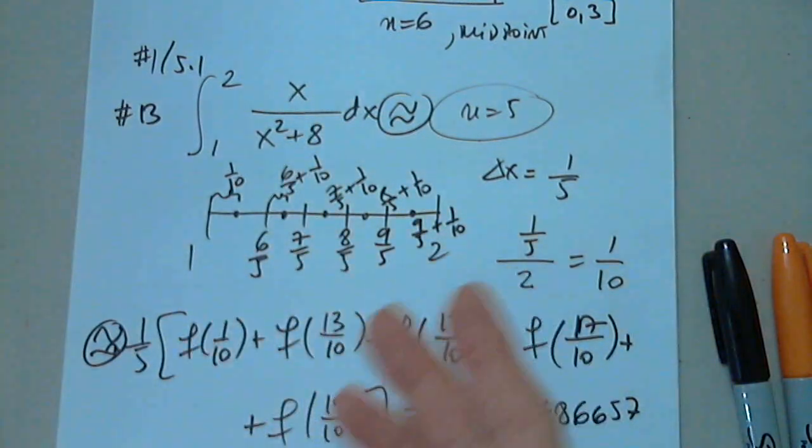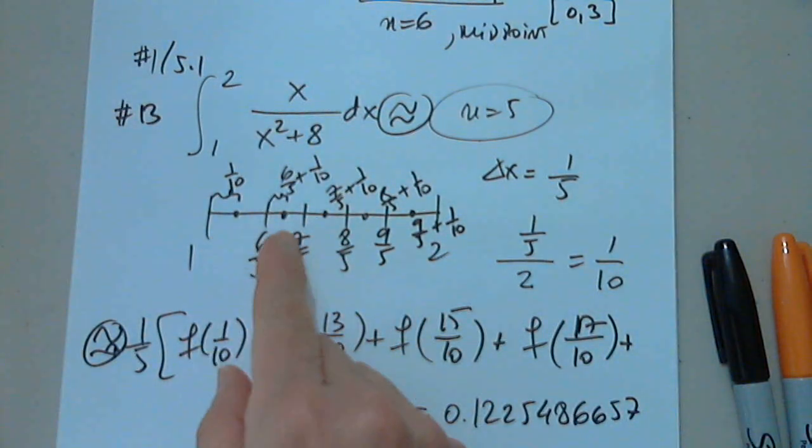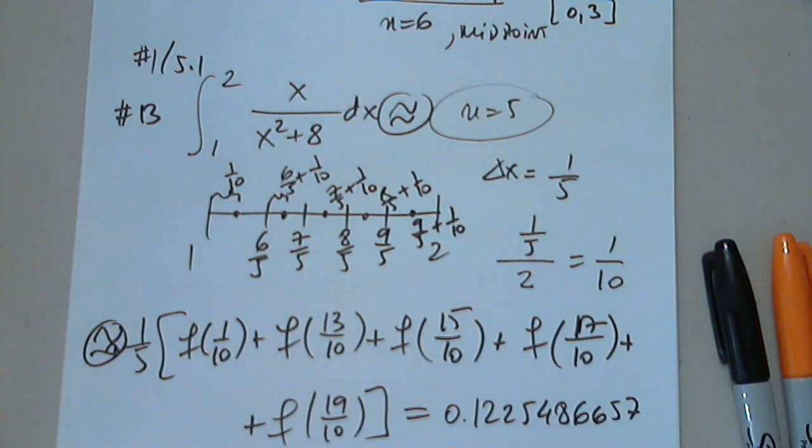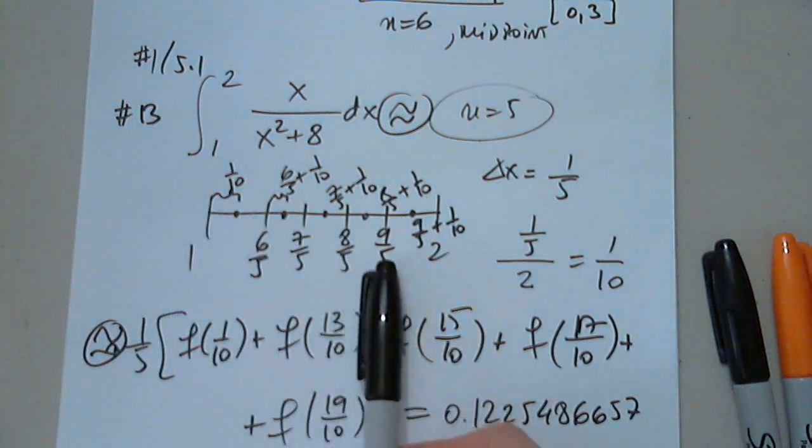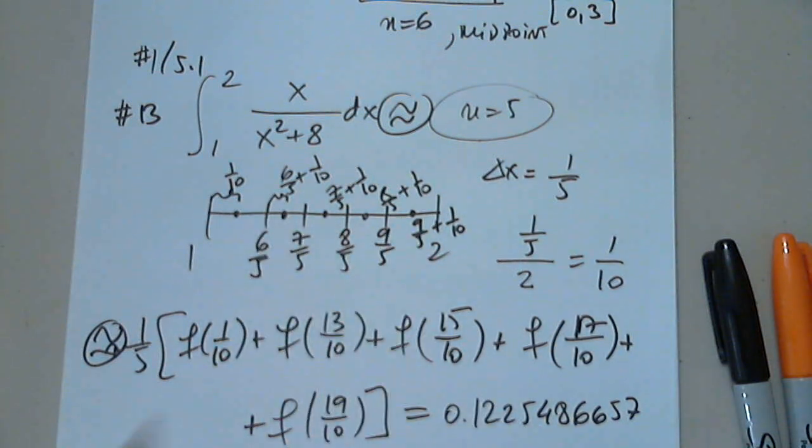So the most cumbersome part of all this was to find the midpoints, to establish the boundaries of each subinterval, and then identify the midpoint for each. Was this okay? Yes, that makes perfect sense. Thank you. Awesome.